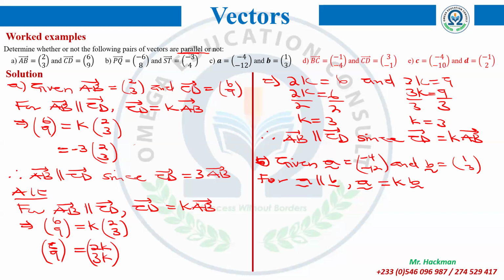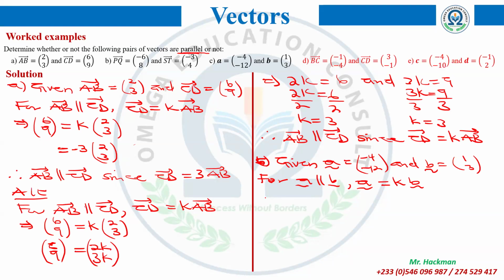Remember I said I'm going to advise you to go the equality route. Solve your resultant equation coming from your premise, the foundation of your argument, your condition. When you get the same values for k, it means your vectors are parallel, otherwise they are not. So let's go and see.